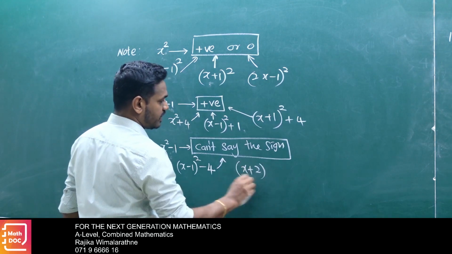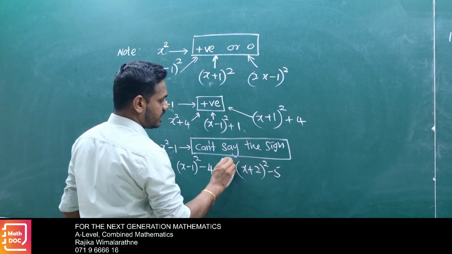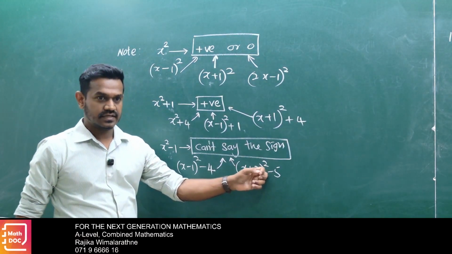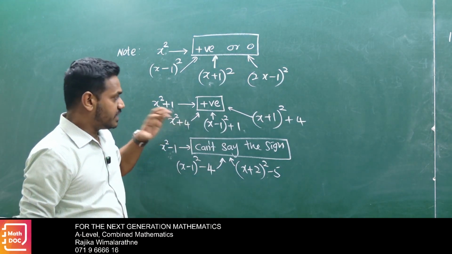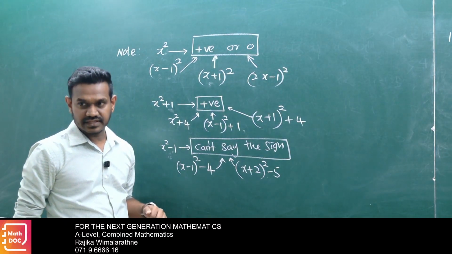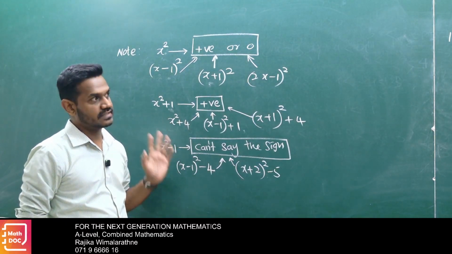X plus 2 squared minus 5, again we can't say the sign because of this minus sign. But for plus, definitely we can say they are positive. And these are very important relations.